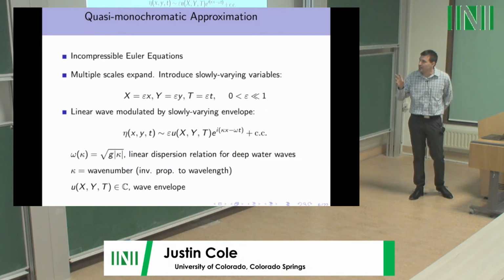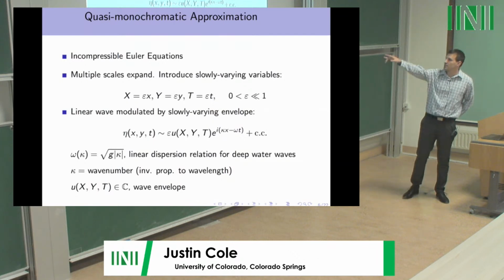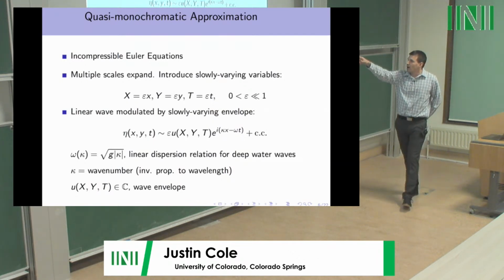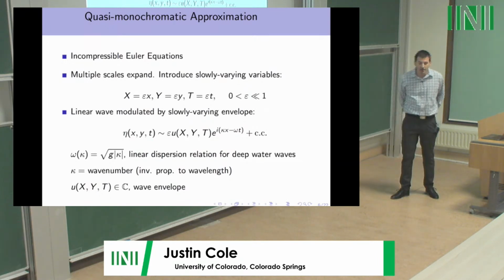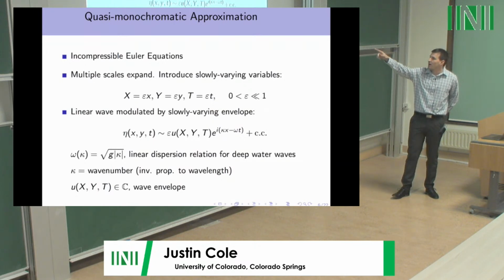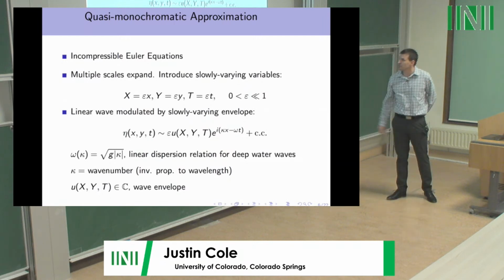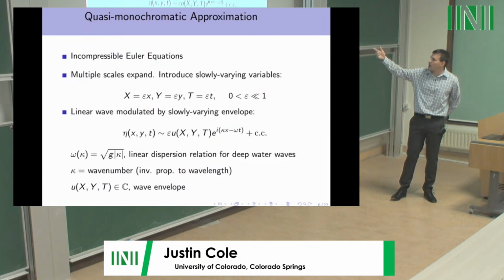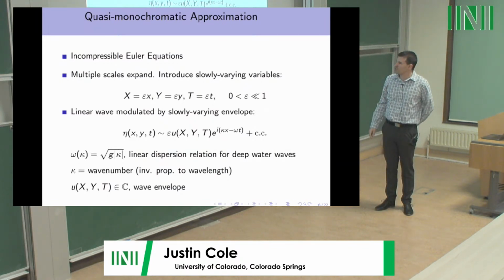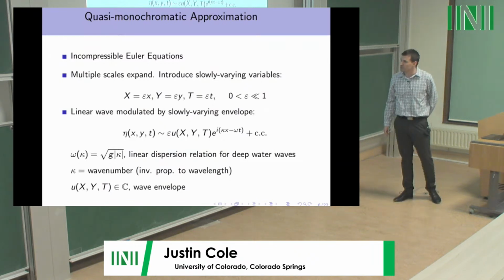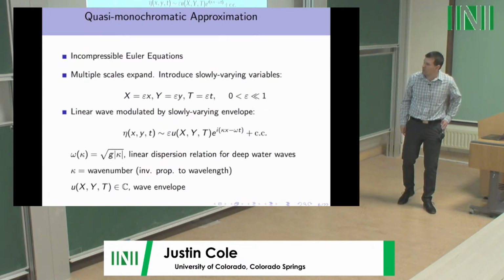Using this 2-scale approach and looking for modulated linear waves of this form right here, eta, I look for an envelope U, which depends on the slowly varying variables, which modulates the plane wave, which corresponds to the linear solution. And then to make sure that this is a real wave, I add its complex conjugate. In terms of the linear wave, it obeys this dispersion relation for deep water waves, square root of g times the magnitude of kappa. Kappa here is the wave number, and it's inversely proportional to the wavelength.